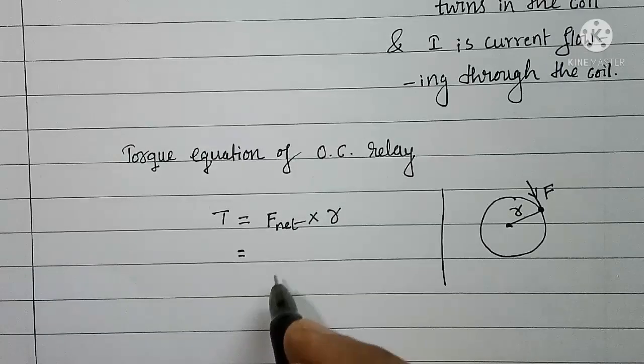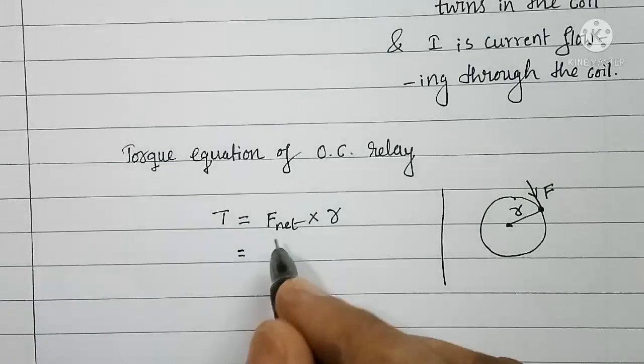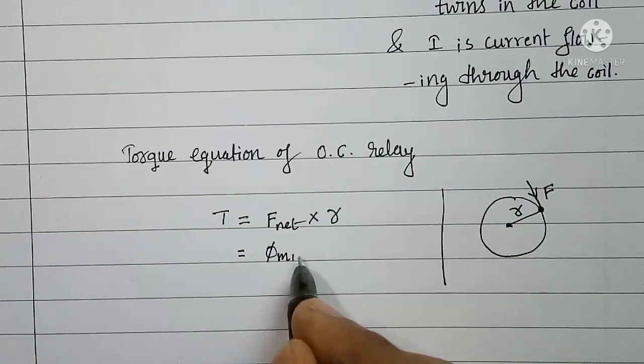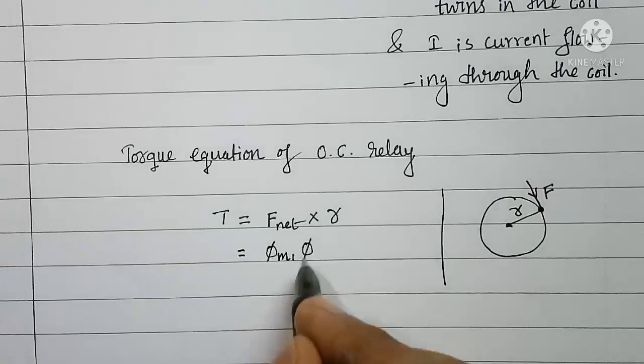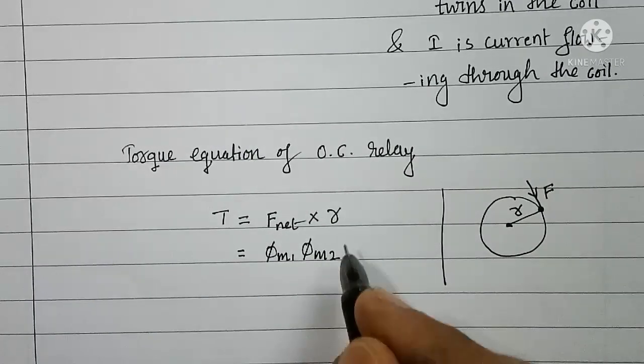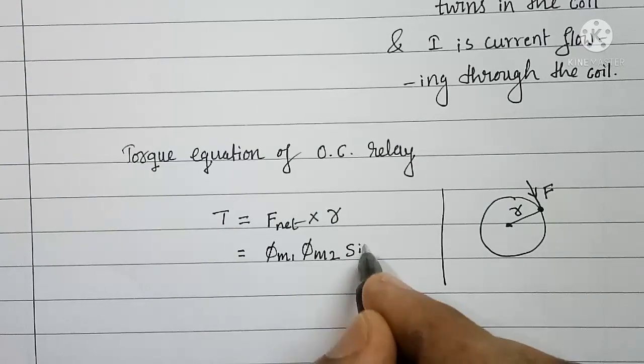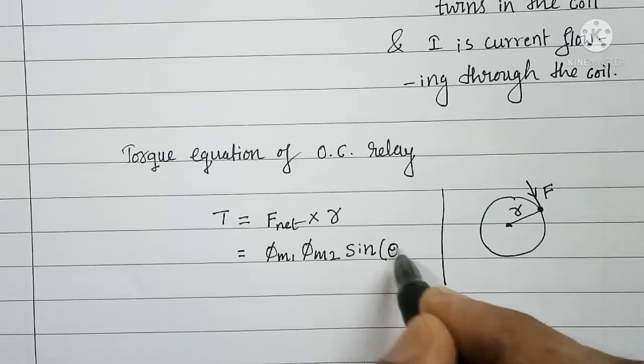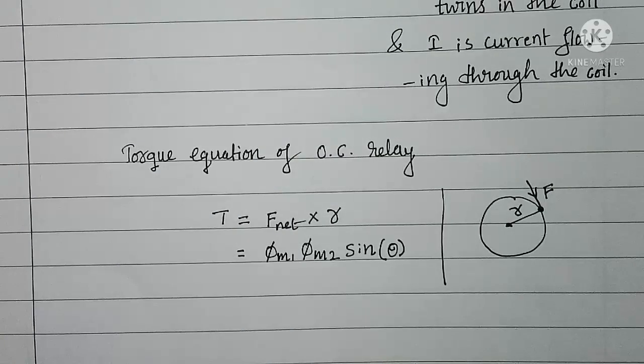And we know that F net is given by phi m1 into phi m2 into sine of theta.